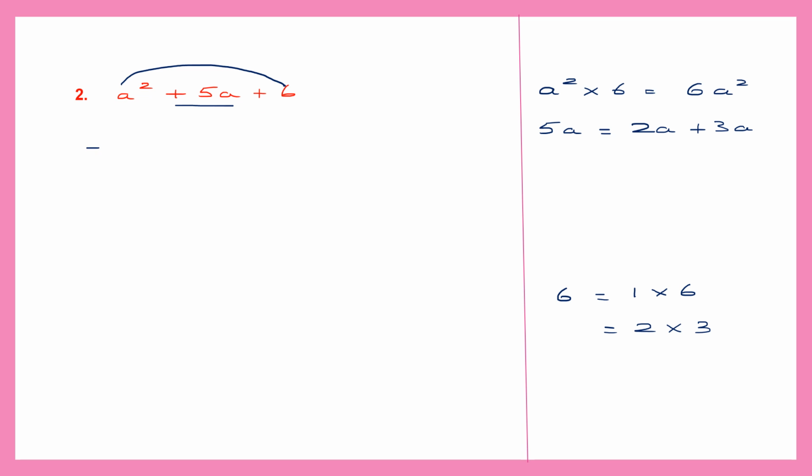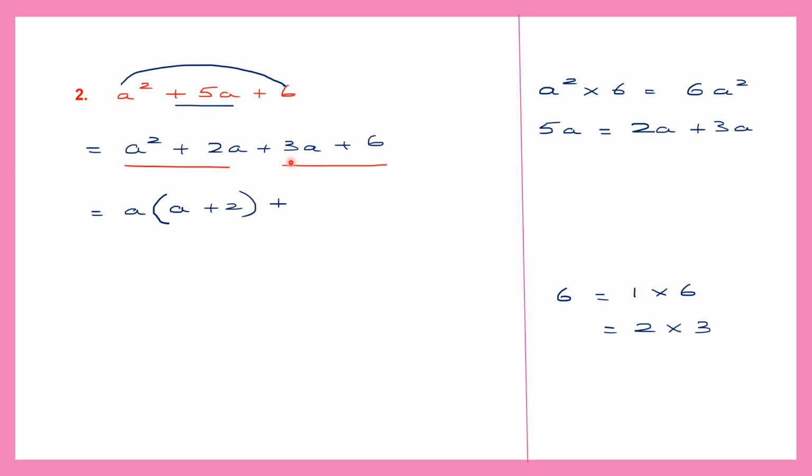So this becomes a square plus 2a plus 3a plus 6. Now let's group these two and these two, and take out the common factor. The common factor here is a, so what is left inside is a plus 2. That means on the other side also I need to get a plus 2. How do I get that?